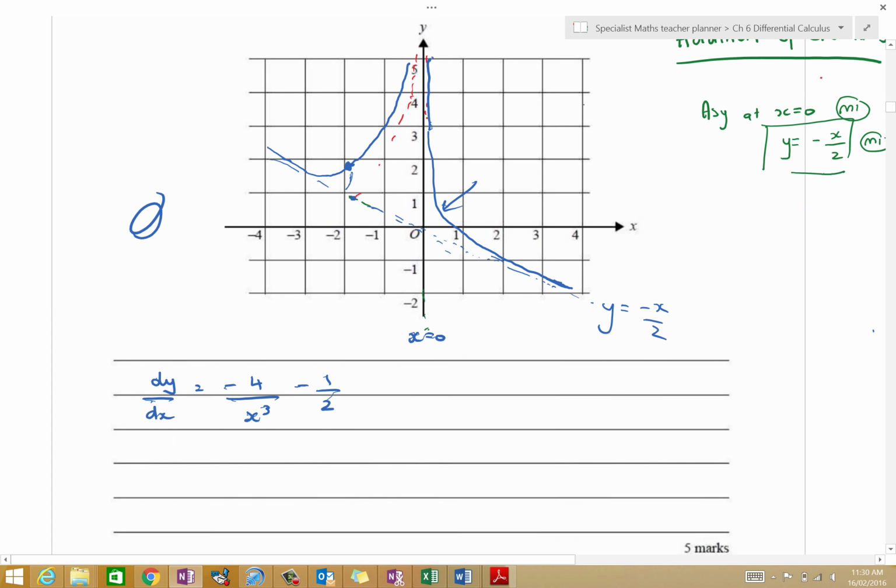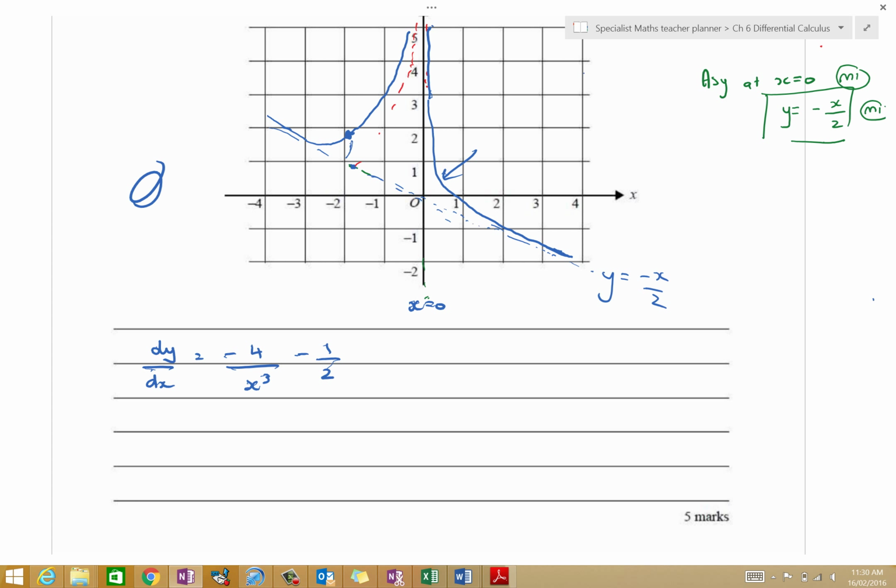So I've found my derivative. Now I'm going to let that equal 0. I'm really struggling here with this pen. It's looking quite ugly. I will persist though. And I'll then solve for x.